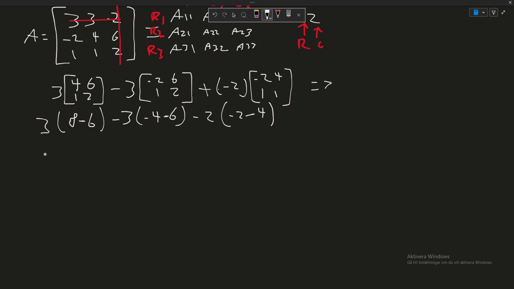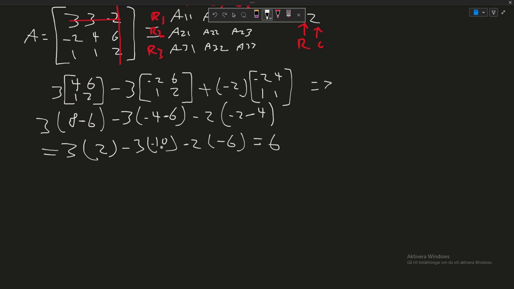And then we're just gonna calculate this, which is 3 times 2. 8 subtracted by 6 is 2, and then we have -3, -4, -6, which is -10. And then we have -2 times -2 subtracted by -4, -6. And then so we have 6 here.